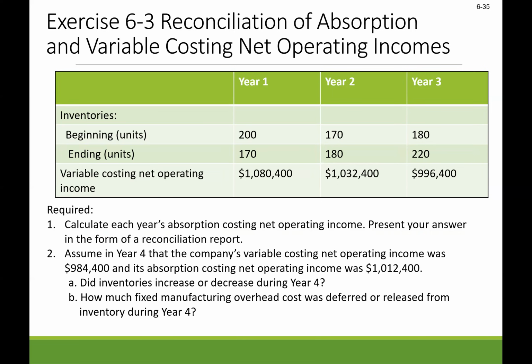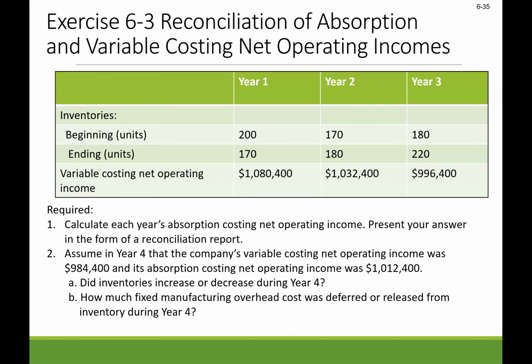Assume in year 4 that the company's variable costing net operating income was $984,400, and its absorption costing net operating income was $1,012,400. Did inventories increase or decrease during year 4? And how much fixed manufacturing overhead cost was deferred or released from inventory during year 4?